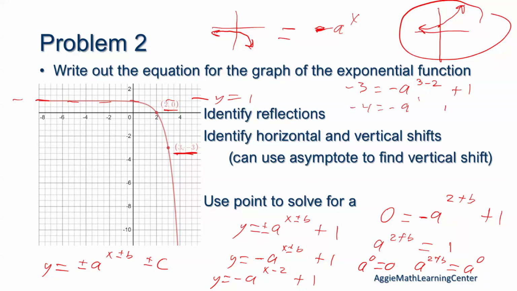Divide by -1, 4 equals a to the first power, and a to the first power is just a. So a equals 4. So if we plug that all back into our equation, you get y equals -4 to the x minus 2, plus 1. And this would be your final answer.